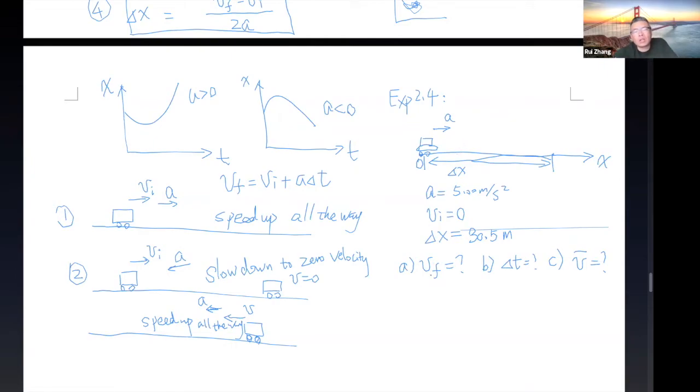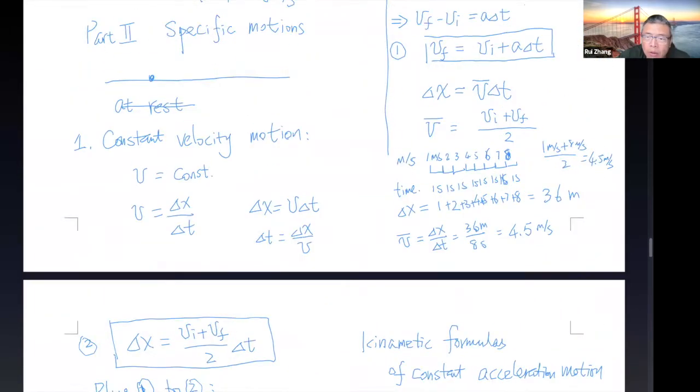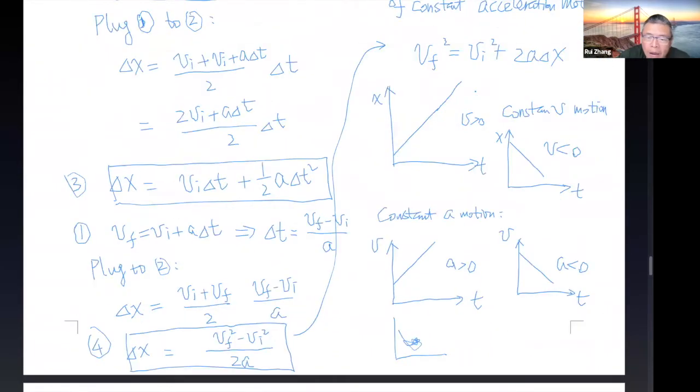Now let's try to connect the unknowns to what is given in the problem. Again, as I said, there are two ways to do that. One is starting from what is given to the unknown. The other is starting from the unknown, and seeing what we need. In this case, it's not really that complicated. As we know, there are 4 formulas here. Let me write them down again.